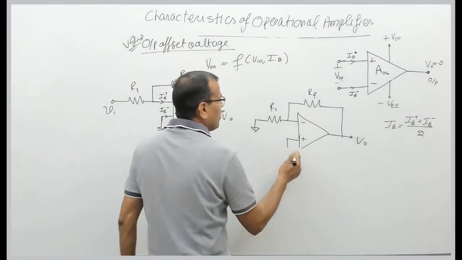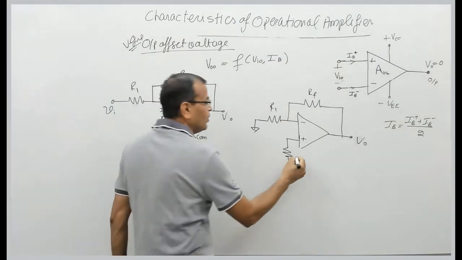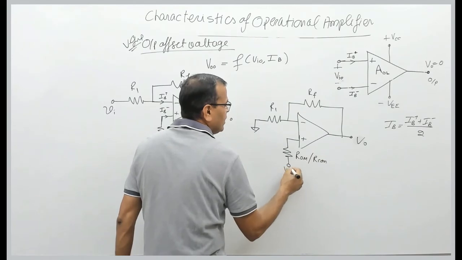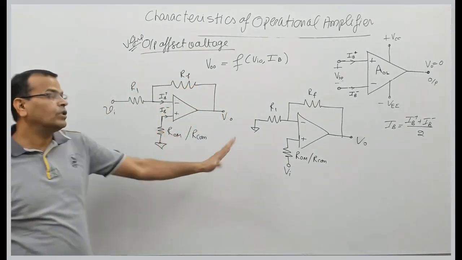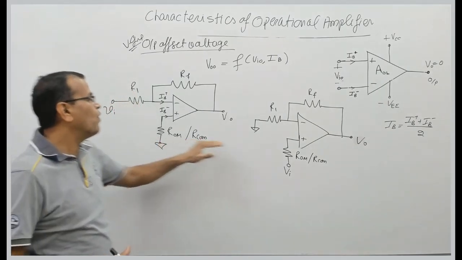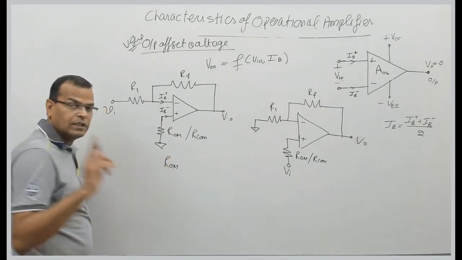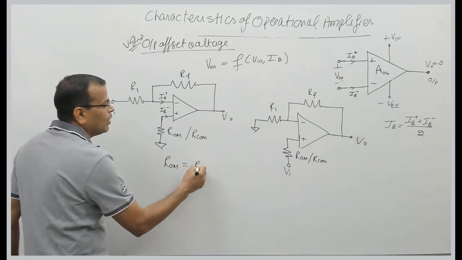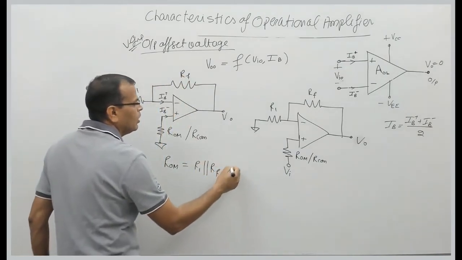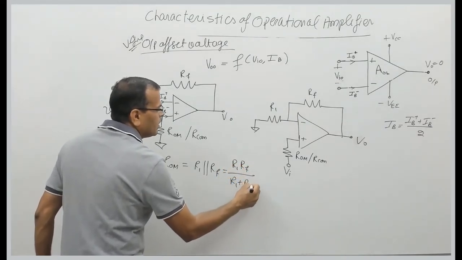Similarly here, we connect the resistance in series with the non-inverting terminal. This procedure remains the same for both inverting as well as non-inverting amplifiers. The value of this resistance is very important: it is equal to the parallel combination of R1 and RF, that is R1 into RF divided by R1 plus RF.